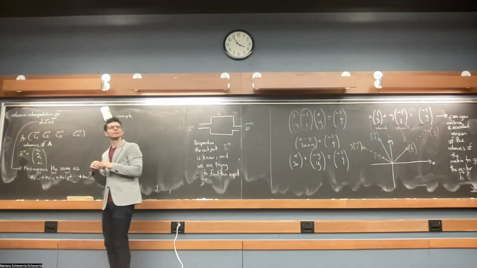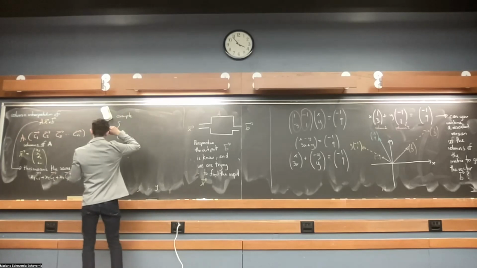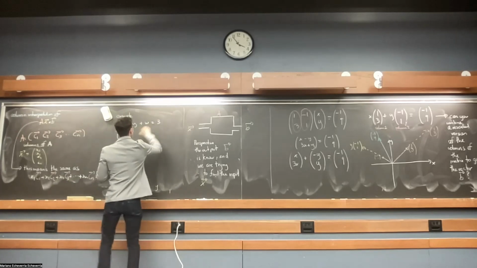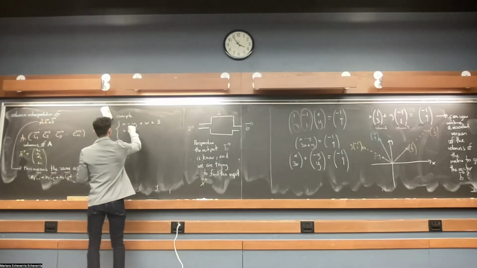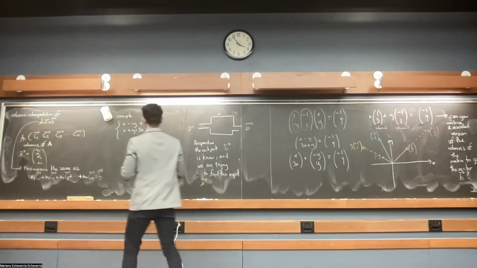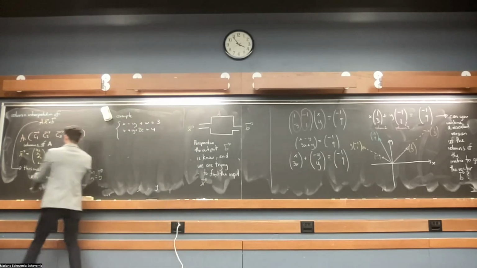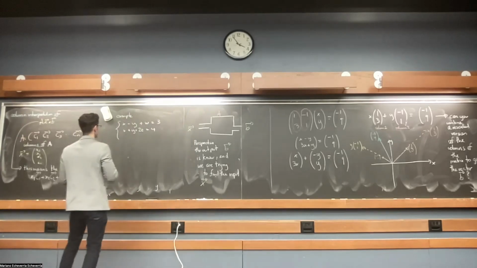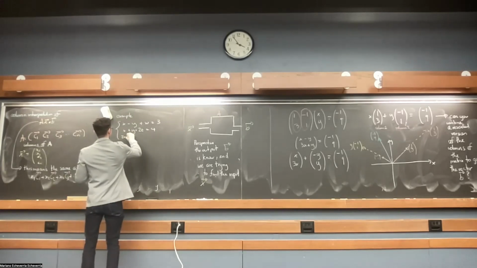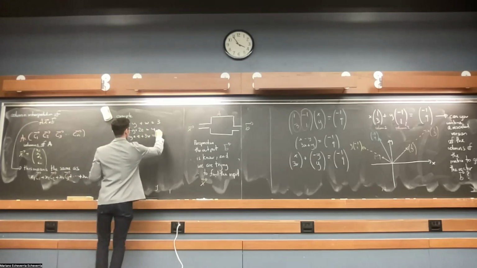And just to make sure that you don't think I'm being biased, I'll put more variables. So let's say this is x minus y plus w equals 3, x plus y plus 2z equals 4. And then let's put another one, 2x minus y plus z plus 3w equals 5.